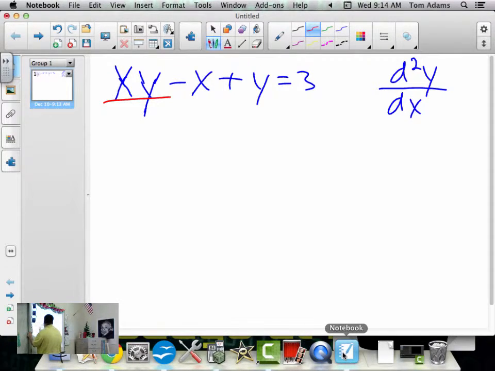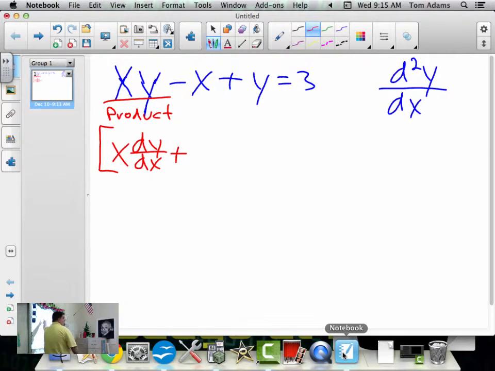So I want to take the derivative of this. And so the derivative of this, we have to use the product rule, right? And so I've got x times the derivative of y, but the derivative of y is 1 times what? dy dx, right? Whenever we take the derivative of something other than x, we have to write dy dx or dz dx or whatever. Now for the product rule, it's plus the flip-flop.